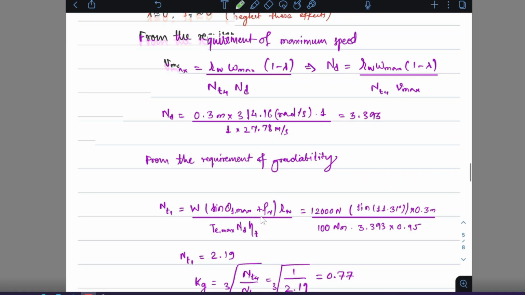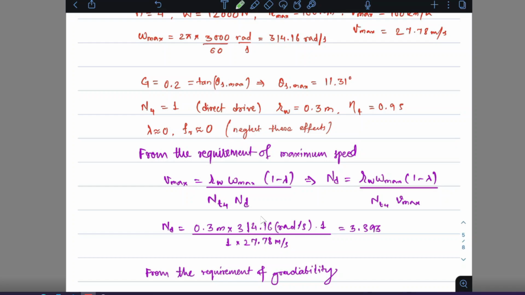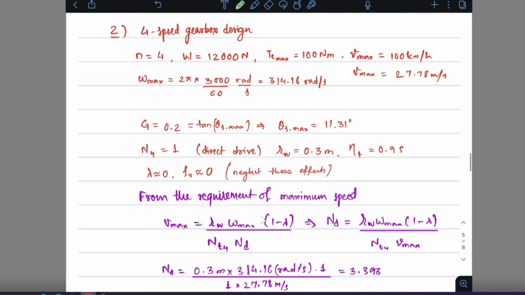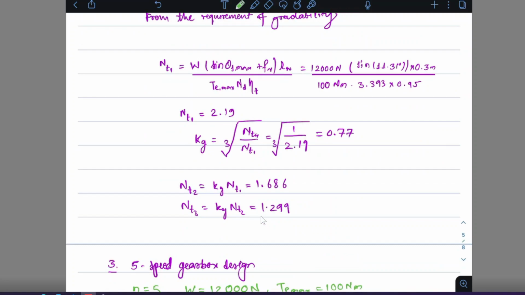So NT2, you said NT2 is equal to kg NT1, right? Then NT4 is equal to kg NT3, right? So kg we defined as NT4 by NT3, right?